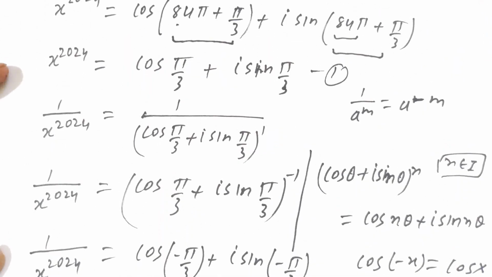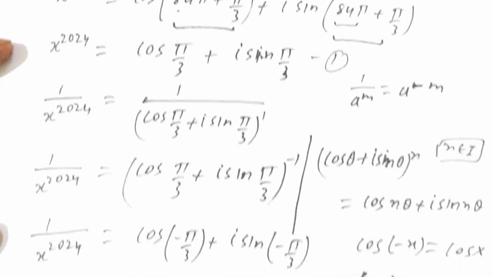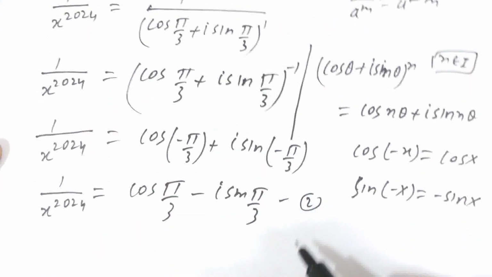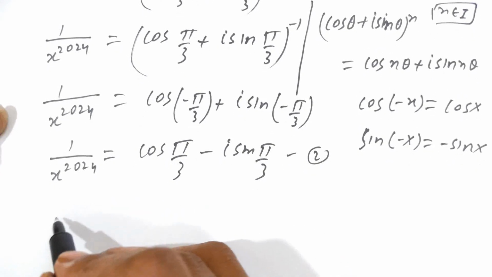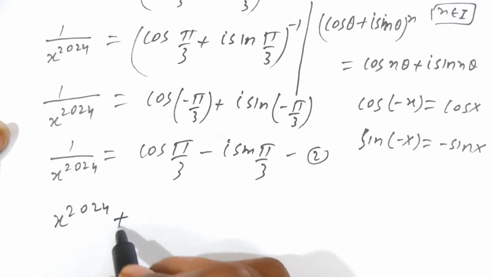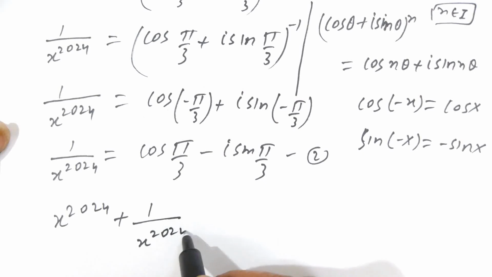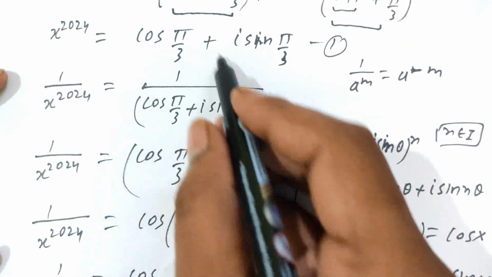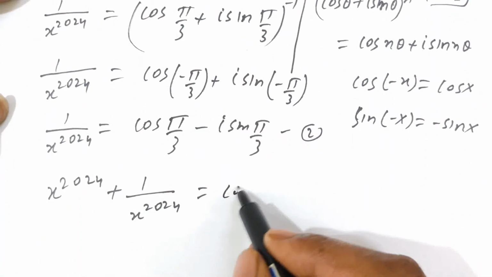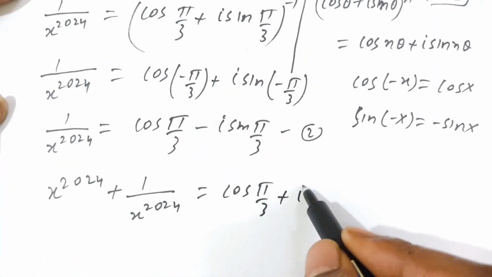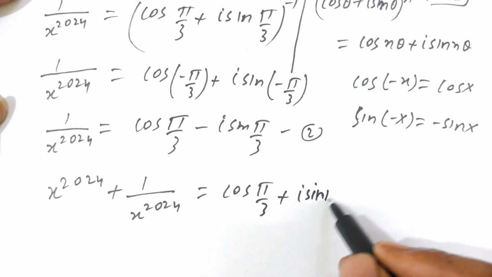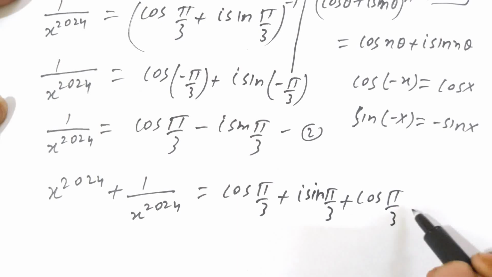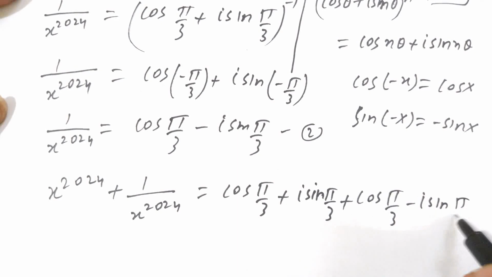Look carefully, in equation first we have the left hand side as x power 2024, and in equation second the left hand side is 1 by x power 2024. If we add both the equations, then in the left hand side we have x power 2024 plus 1 by x power 2024. This is equal to, in the right hand side, cos pi by 3 plus iota sin pi by 3 plus cos pi by 3 minus iota sin pi by 3.